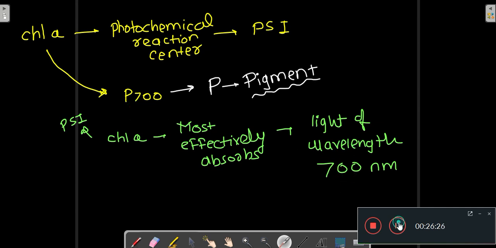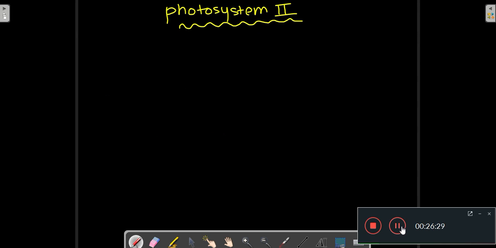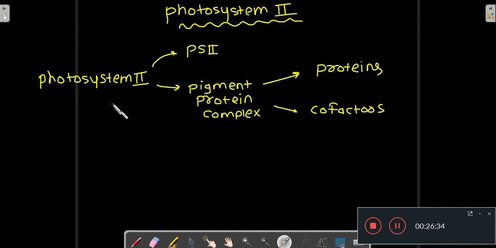Now let's talk about photosystem 2. This photosystem 2 is abbreviated as PS2, and it consists of pigment protein complexes, and it also consists of some proteins and cofactors.